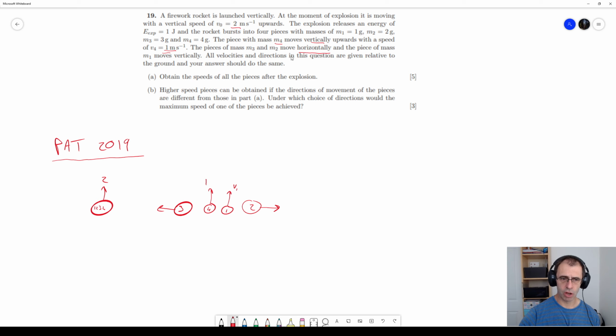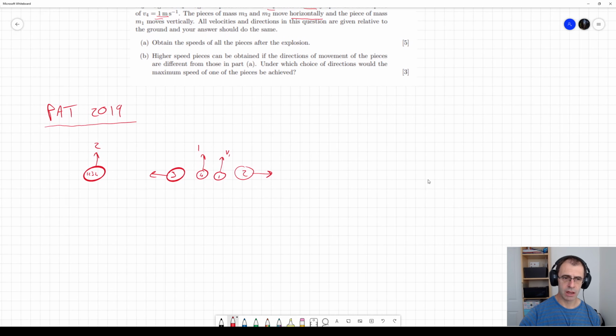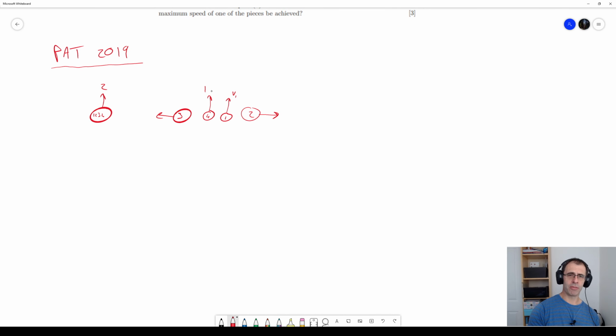Finding the speeds of all of these objects, the first thing I'm going to do is just straight up conservation of momentum. So initial momentum is the total mass multiplied by 2 meters per second.